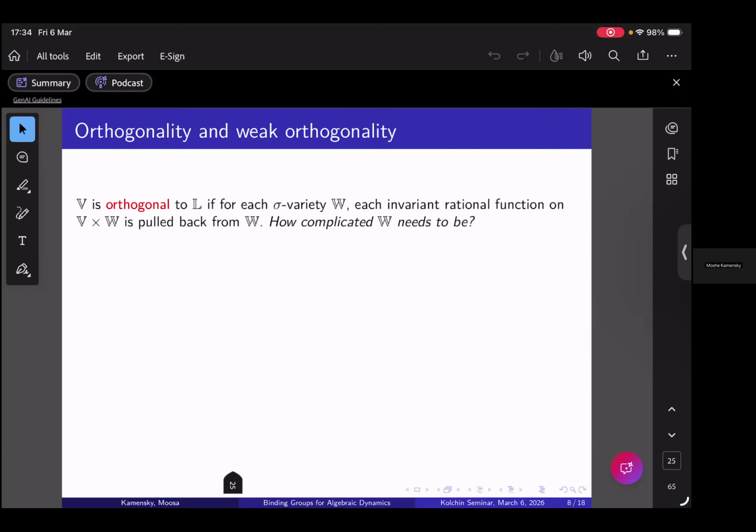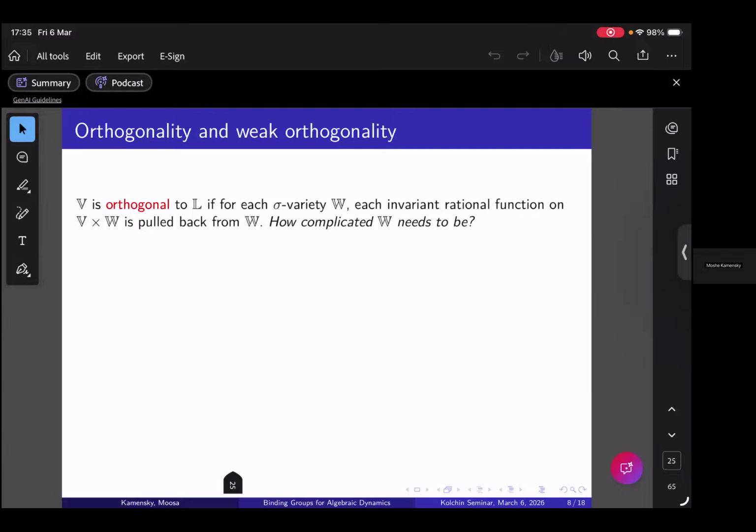So you're saying every invariant function actually comes from W. You can think of it as a geometric version of weak orthogonality, even after base change. But notice that the base change here is by a difference variety, by a sigma variety. So this is not just a question of rationality in the sense of algebraic geometry.